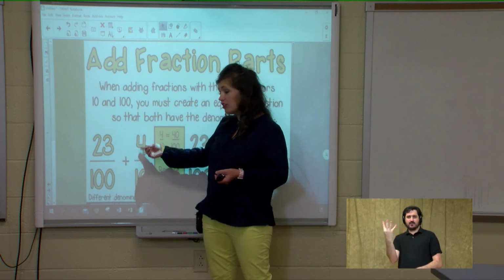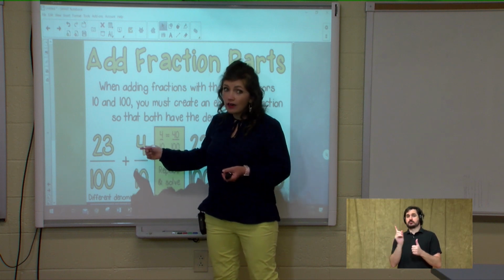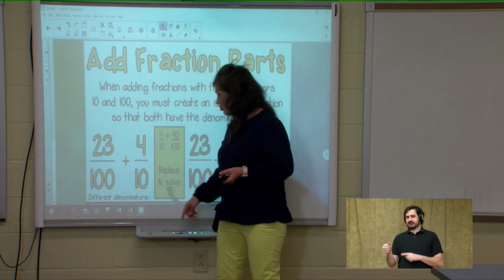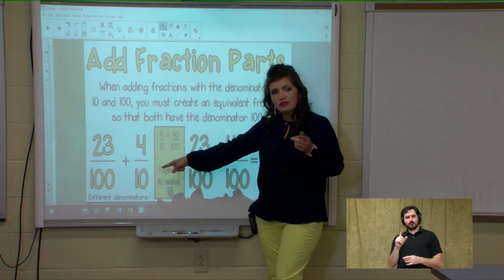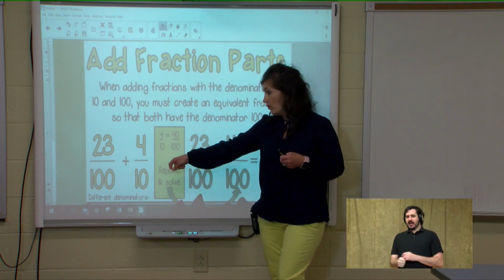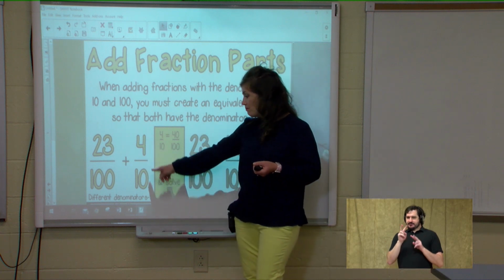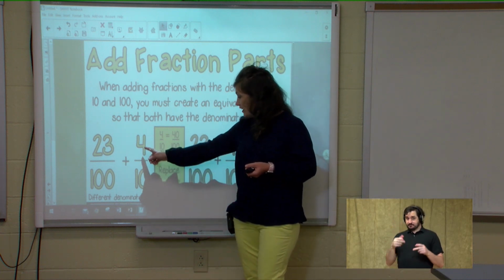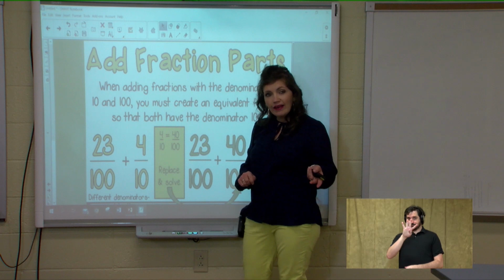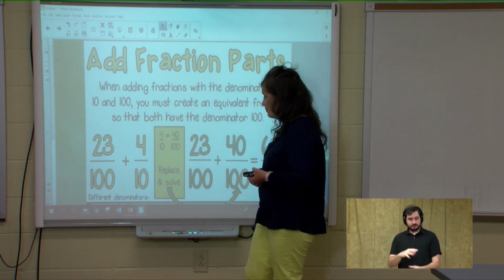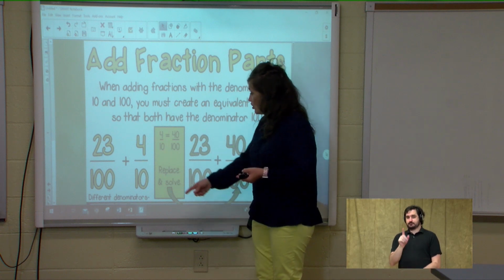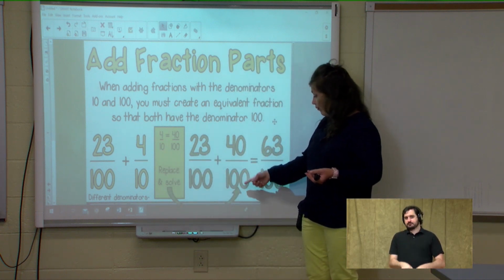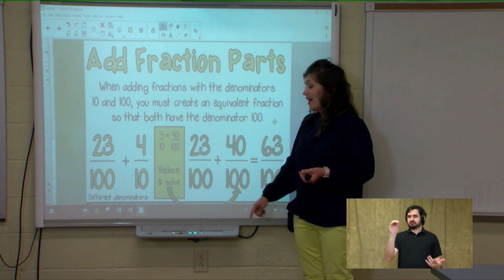We have to convert our tenths to hundredths. How many hundredths would be in 4 tenths? Do you remember? Well, let's see. Remember, we can multiply by 10. 4 times 10 is what? 40. 10 times 10 is what? 100. So that's 40 hundredths.